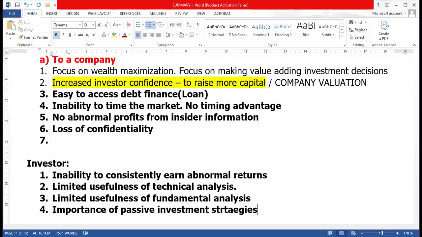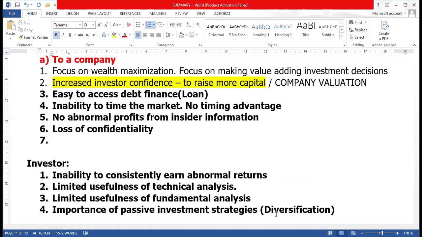So here the emphasis is on diversification. You will manage the risks, and if the performance of company A is not good, you can earn from the other one. Okay.